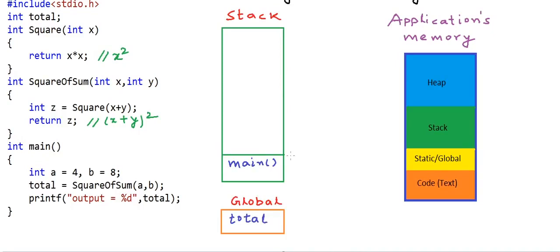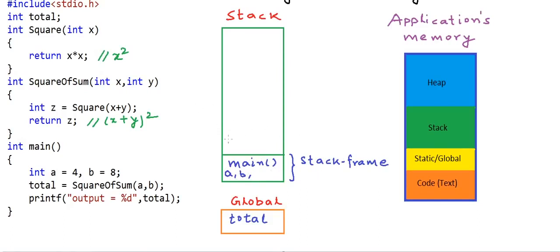The amount of memory allocated on stack for execution of main can also be called the stack frame for the method main. All the local variables, arguments, and the information where this function should return back to, all this information is stored within this stack frame. The size of the stack frame for a method is calculated when the program is compiling.